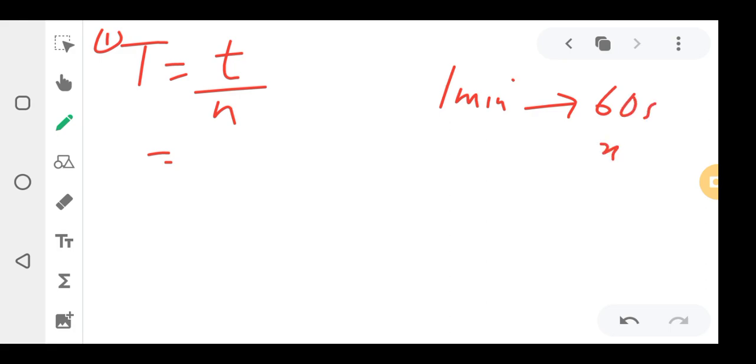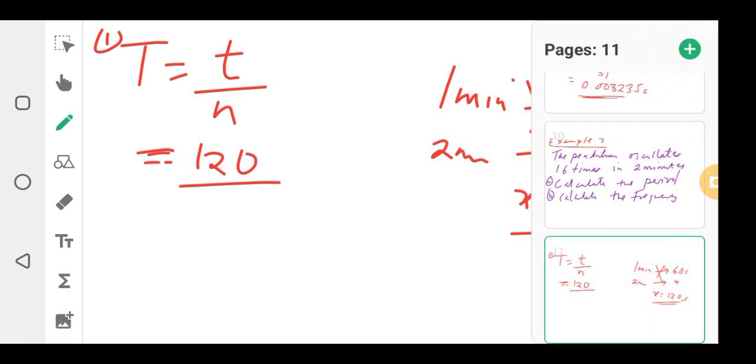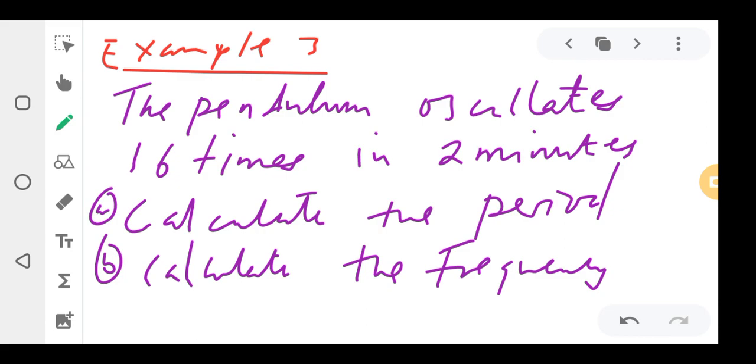How many seconds are equivalent to 2 minutes? This is basic maths for grade 8. 120 seconds. So time, we'll put 120 divided by the number of turns, which is 16.